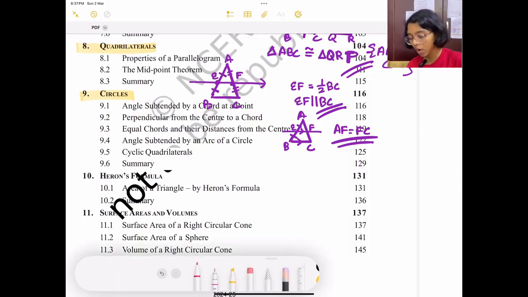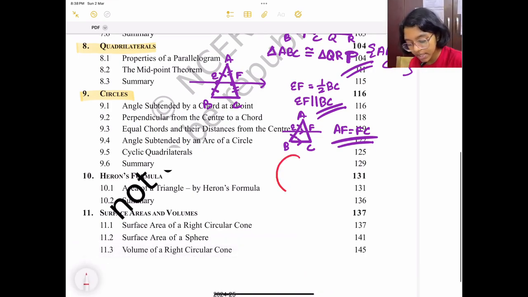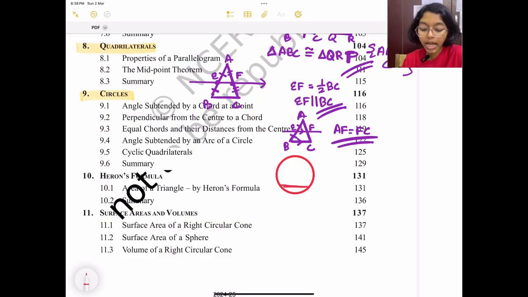Okay, so angles. We have the angle subtended theorem. If this is a circle, and this is a chord, or you can say an arc, subtended to the center, the angle subtended by this chord at the center will always be double what it is subtended at any point on the circle.